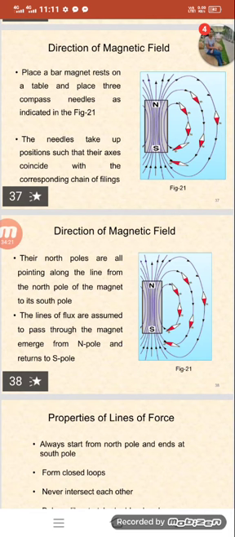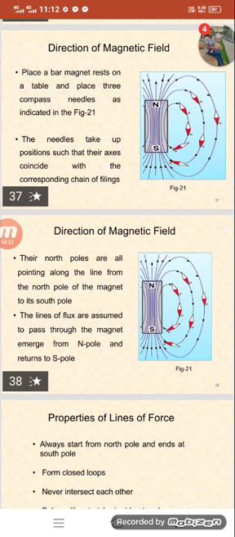Normally, magnetic lines always start from the north pole and end at the south pole, and they always form closed loops.